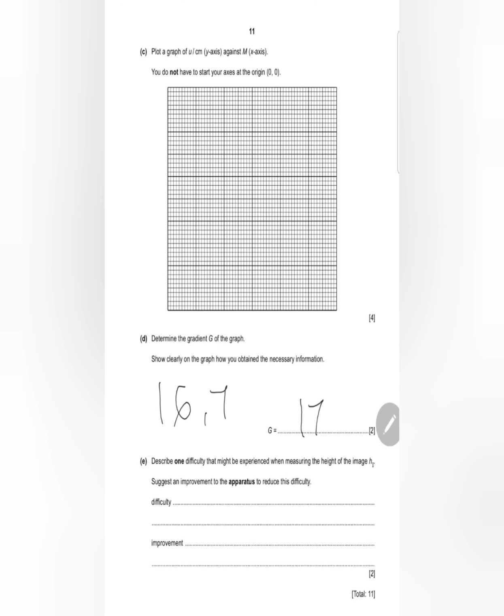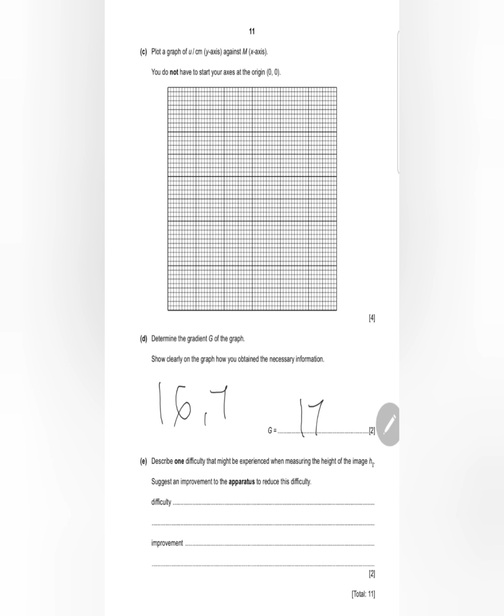So how we can improve that is to use a much bigger object, so that we can measure H1 much more easily.